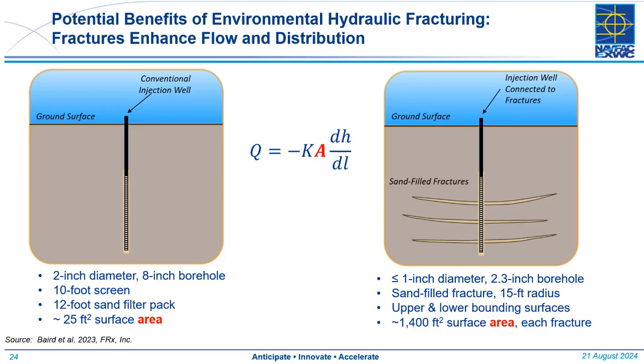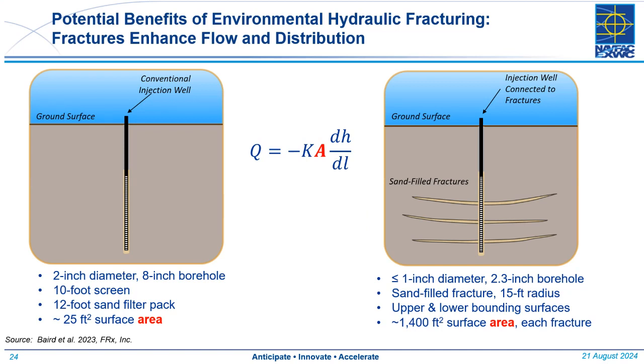What we're doing when we do hydraulic fracturing is increasing the surface area for injecting things in the ground, and that enhances the flow and the distribution of what we're injecting. On the left-hand side, we have a simple graphic of it. If you compare a conventional injection well, a 2-inch well, 8-inch borehole, a 10-foot screen, in a 12-foot sand pack, that would have a calculated surface area on the order of 25 square feet.